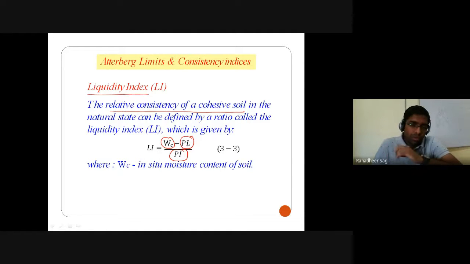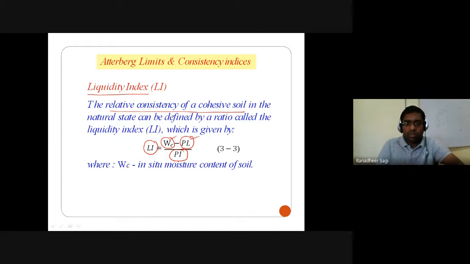Once we know the natural moisture content or field moisture content present in that soil sample taken from the field, and if you can determine the plastic limit value for that soil, then the field moisture content minus the plastic limit value, divided by the plasticity index of that soil, which is nothing but liquid limit minus plastic limit, gives us the liquidity index of that soil.